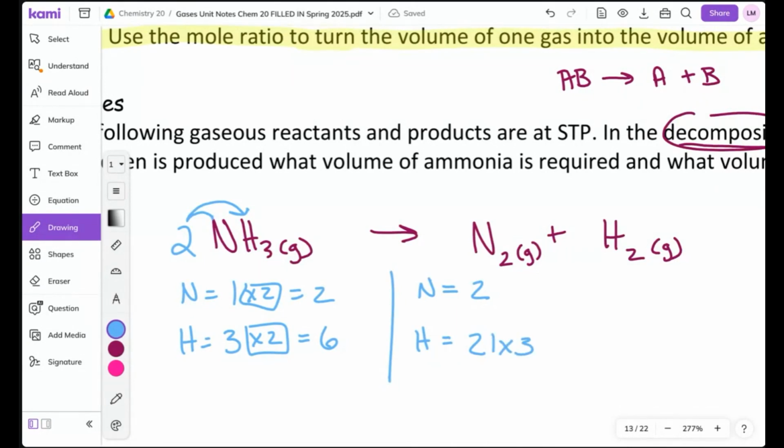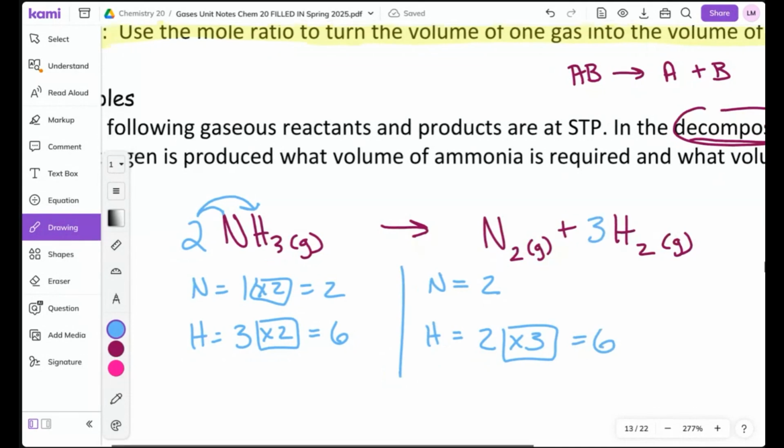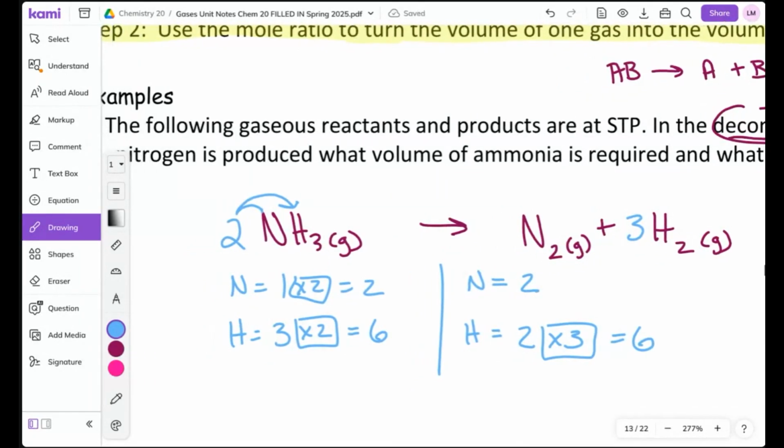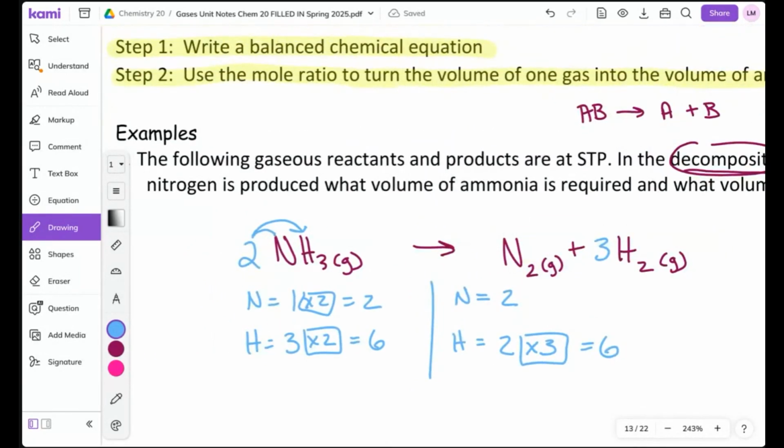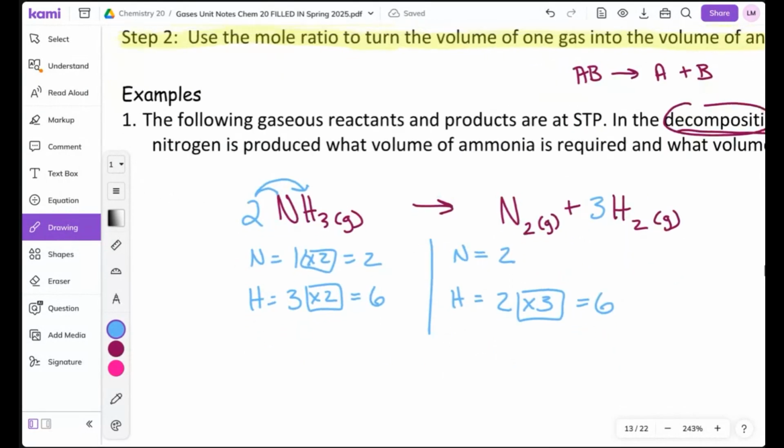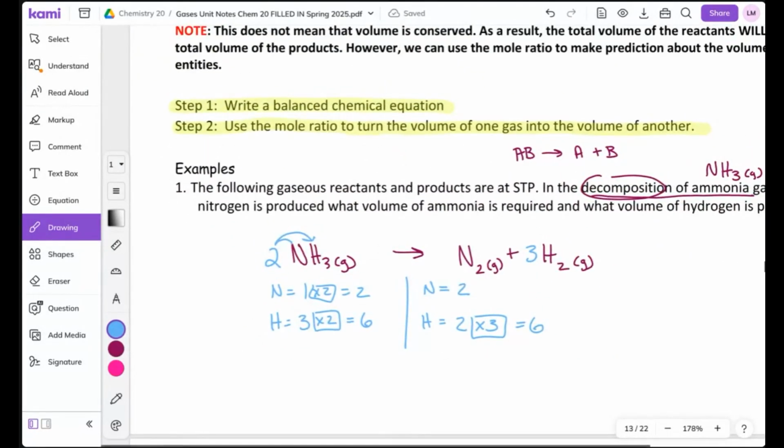We need to also multiply this by 3 so that everything is balanced. Okay, so we have the same amount of nitrogen atoms going in and coming out, same for hydrogen, so this is completely balanced. Now, in the interest of space, I'm going to quickly erase this so that I have room to do my actual calculation here.